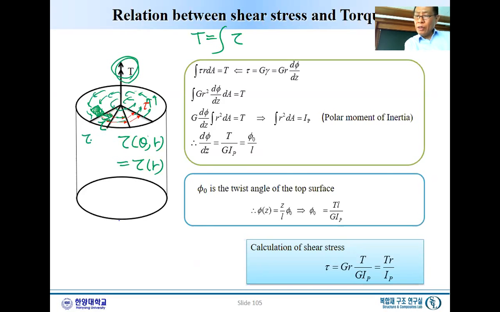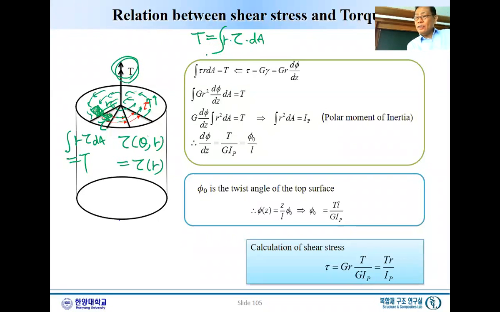So tau times dA will be the force over this cross section dA, and there will be R. Okay, R now gives torque, and integration will give us the torque. So again, I will rewrite: tau times dA is the force, and then we need to multiply R to come up with the torque, and integration over the area. That's the external torque of T.